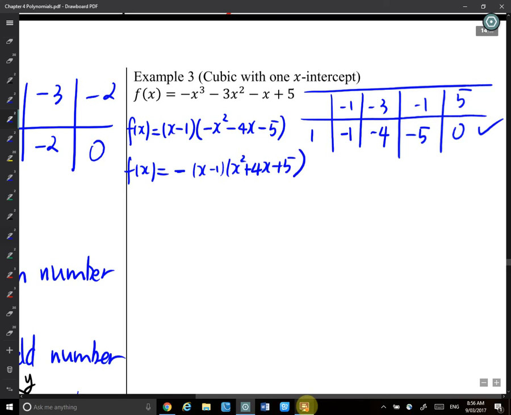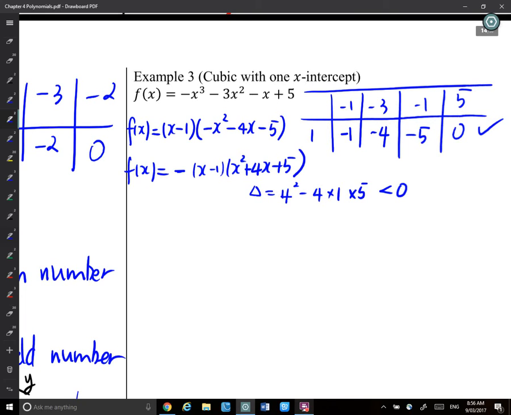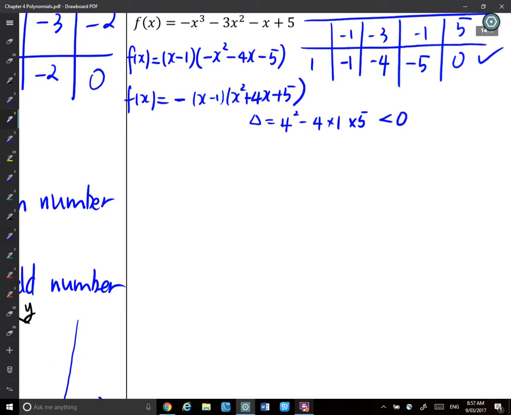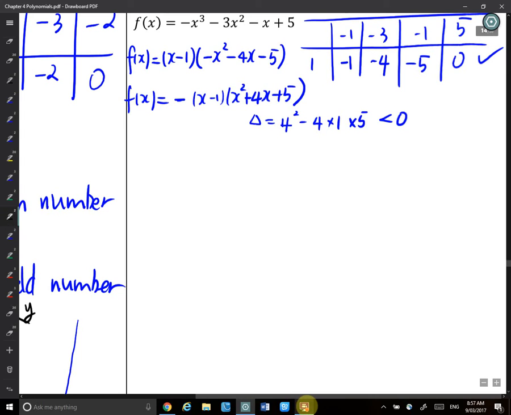And let's have a look at the discriminant. The discriminant is 4 squared minus 4 times 1 times 5, 16 minus 20, which is smaller than 0. So I cannot factorize this quadratic anymore. This is as far as the quadratic goes, and that's the fully factorized form. So for this graph, I can only find one x-intercept, which is 1, 0.